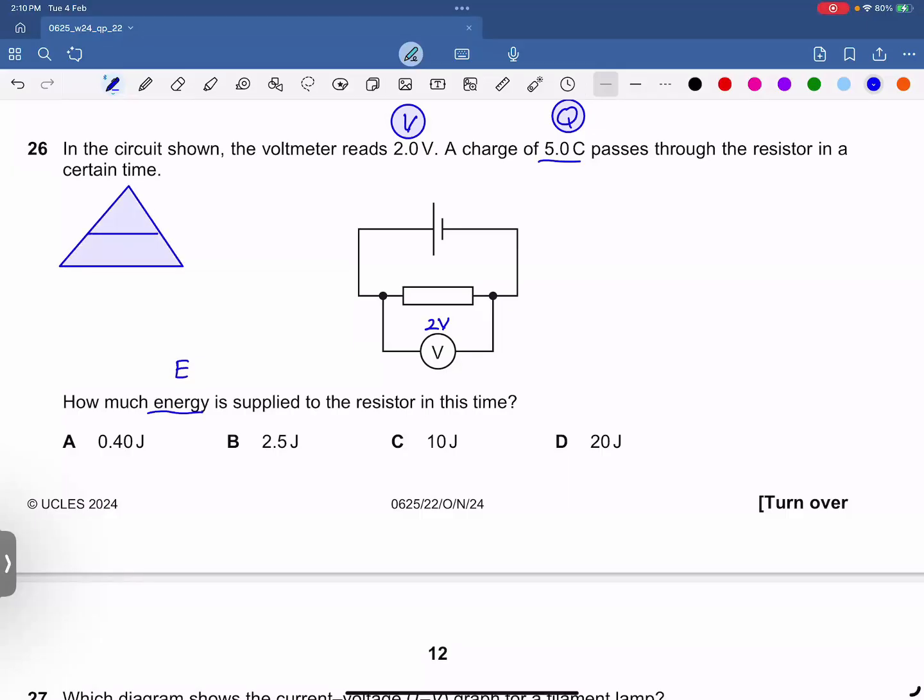Definition is the voltage is amount of energy supplied per unit charge. So energy will be VQ. V is 2, charge is 5, 2 times 5, 10 joules. Option C. Proceed to next question, which is question number 27.